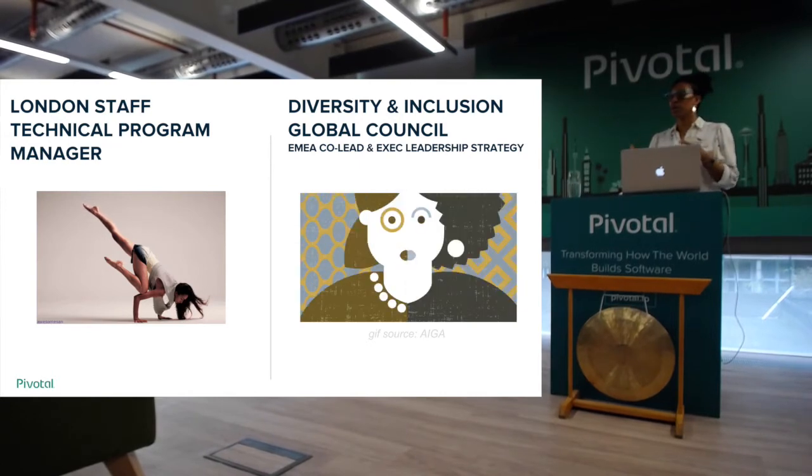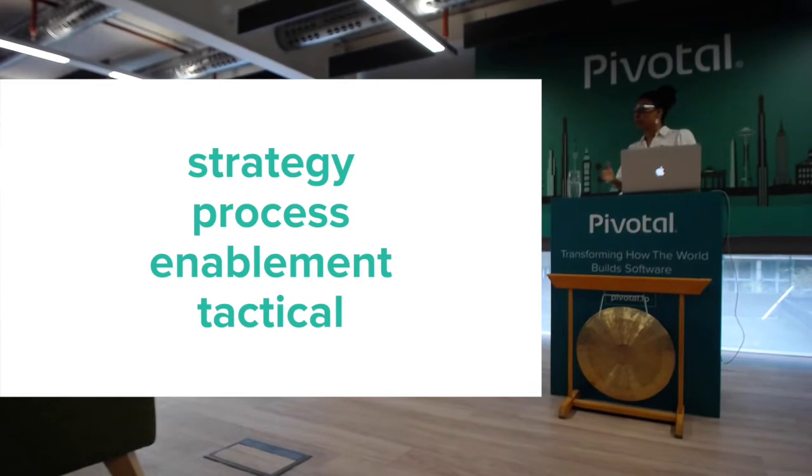And so we work with executive leadership to figure out what does a diverse and inclusive environment look like at Pivotal and how can we effectively make it better. So that in a nutshell is the way that my job kind of manifests here at Pivotal. It's a combination of strategic stuff, process stuff, enablement, and they're also tactical, just get it done type of tasks that I have to do.